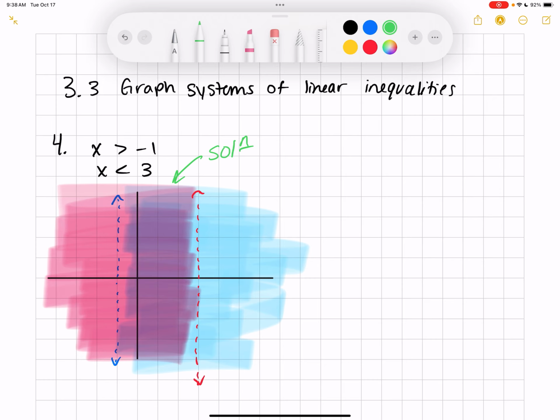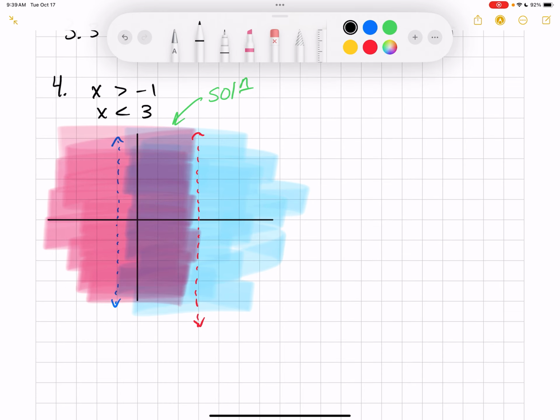With the highlighters, the solution is where they're overlapped, where you can see both colors at the same time. If you do it with a pencil, you're going to need to draw lines somehow that show where it is. I have a surplus of colors, markers and highlighters that you are more than welcome to use if you don't have them, but this is a section I would recommend you use colors.